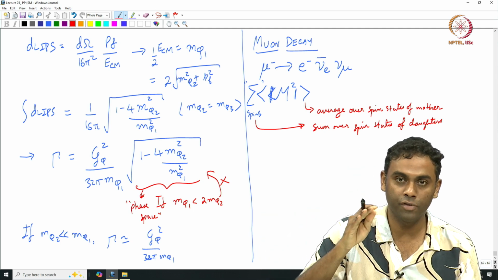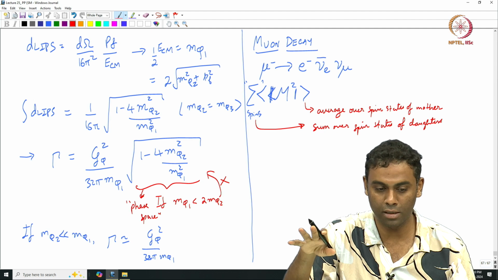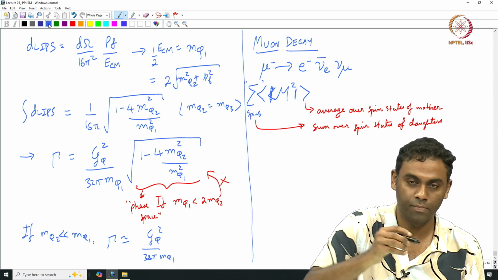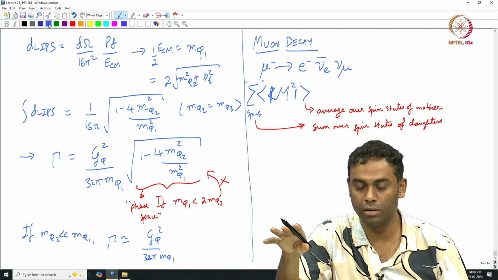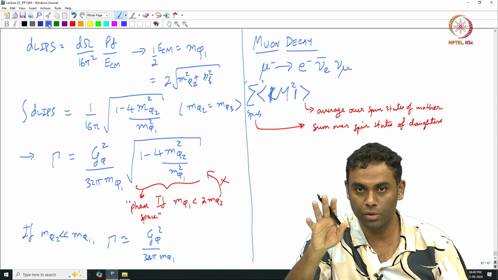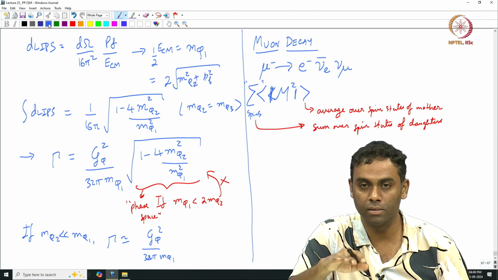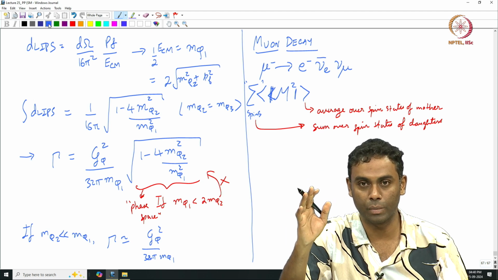So there is a certain way to do this, and this course is not really designed to teach that. But for the curious, you can go to any quantum field theory textbook like Schwartz, and you can see how you can put spinors together to average and sum over spin states.